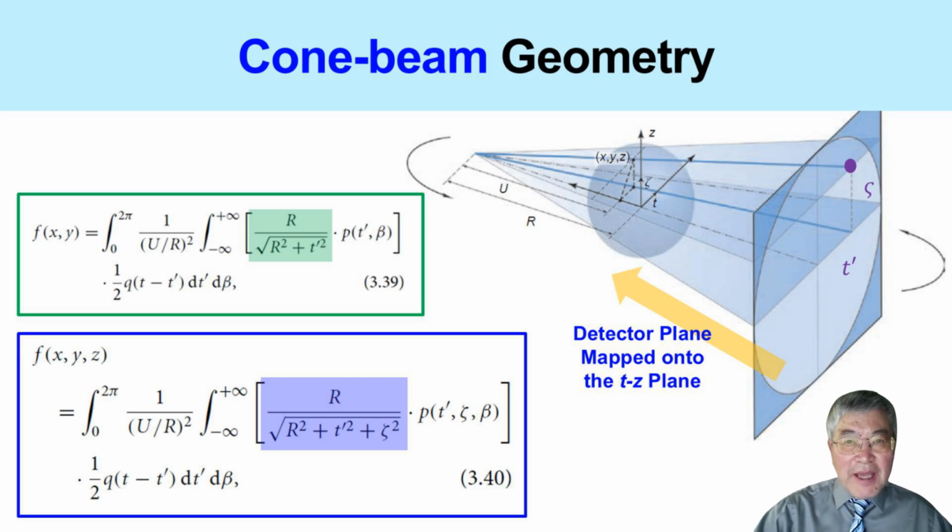In the cone beam case, we also have the vertical detector coordinate, zeta. So an extra zeta squared term appears in the denominator. Now the question is, why does this extra term appear? What is the geometric meaning of this new weighting factor in the cone beam formula? That is what we will explain next.